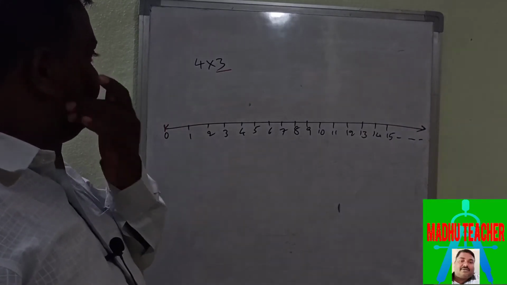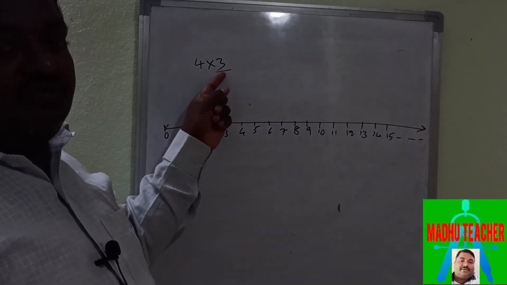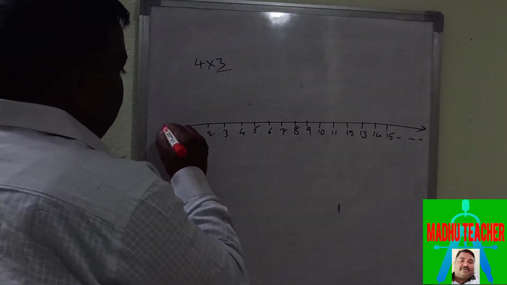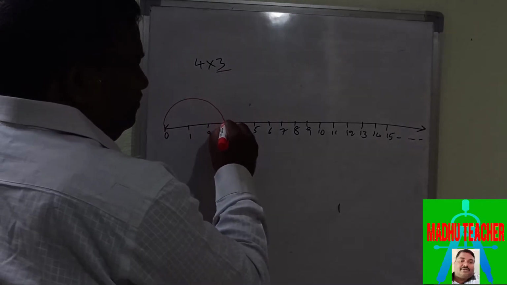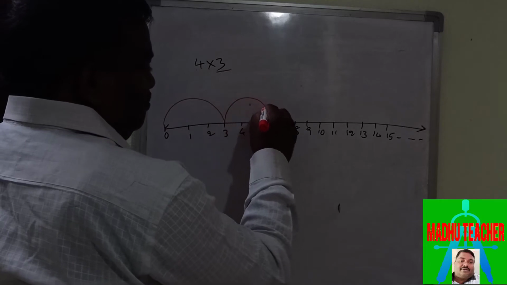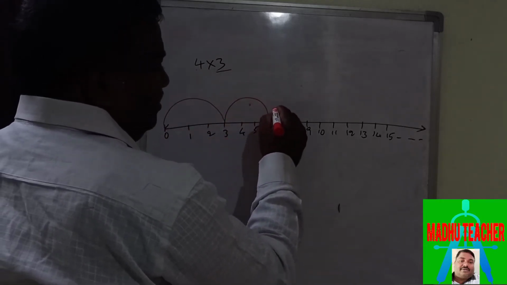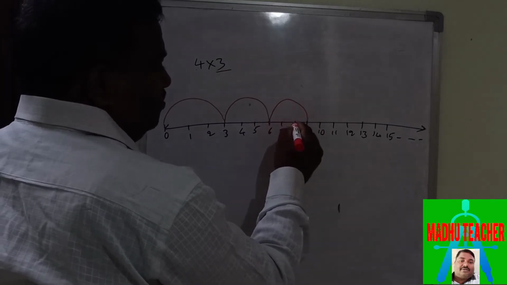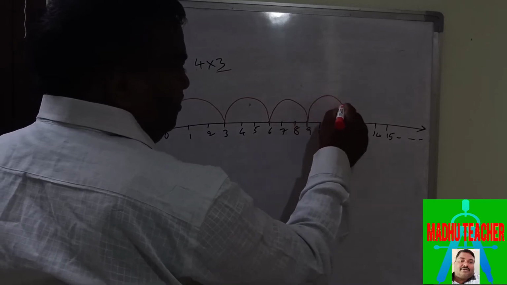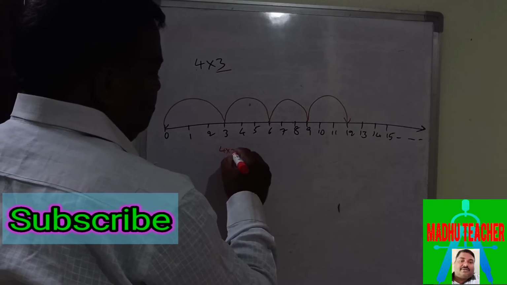Start from 0, take 3 units, and make such moves 4 times. First jump, 1, how many times? 4 times. 2, 3, again 3 units, 6, again 3 units, again 3 units, up to here. We reached 12. Then we say that 4 into 3 equals 12.